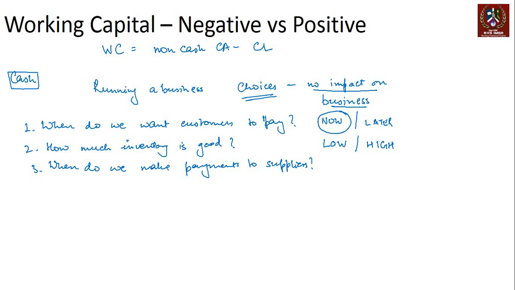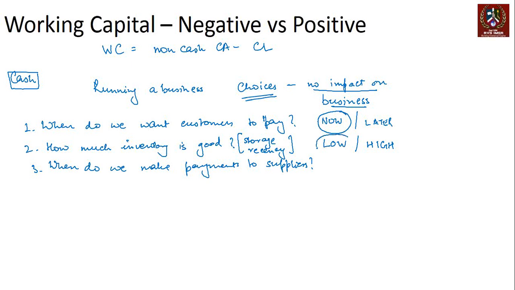So if there is going to be no impact on the business of this decision, then why would I want to take any storage cost? If I keep inventory, there are issues around storage, and there are issues around recency. What do we mean by recency? Let's say I keep a computer and 6 months down the line, I try to sell it. By then, the technology changes. No one wants this computer, right? So, how much inventory is good?